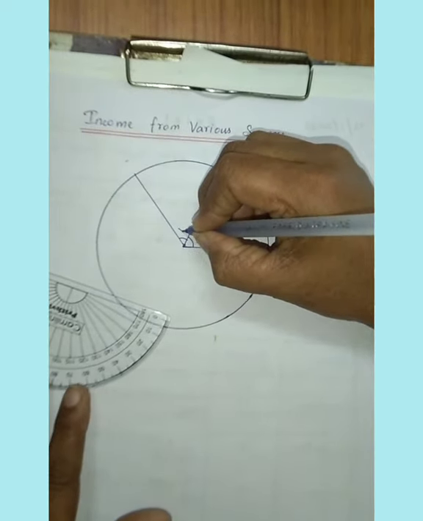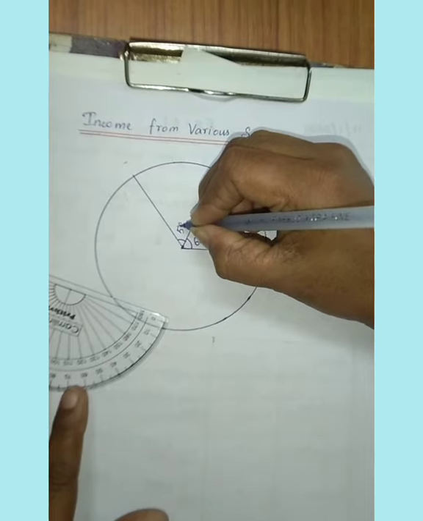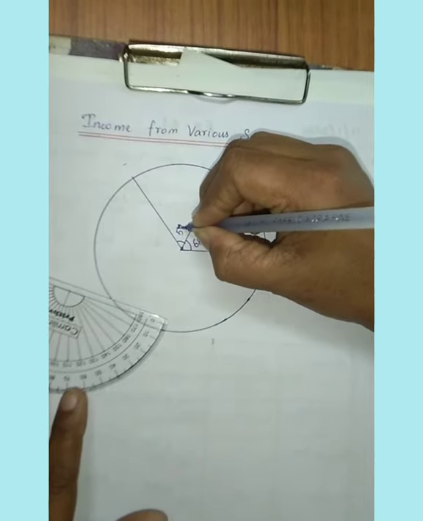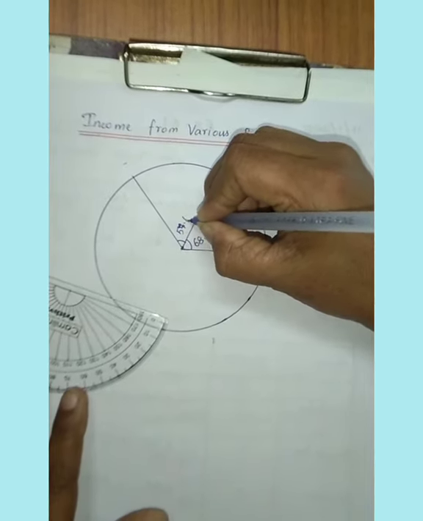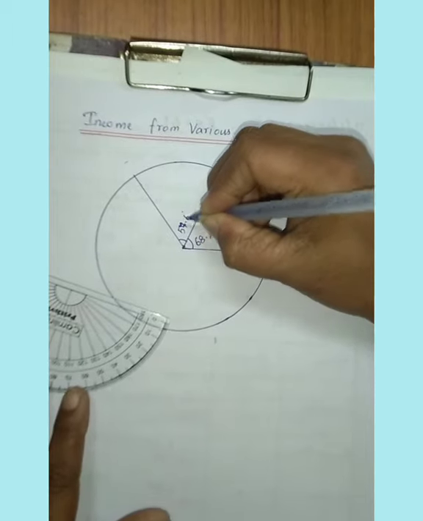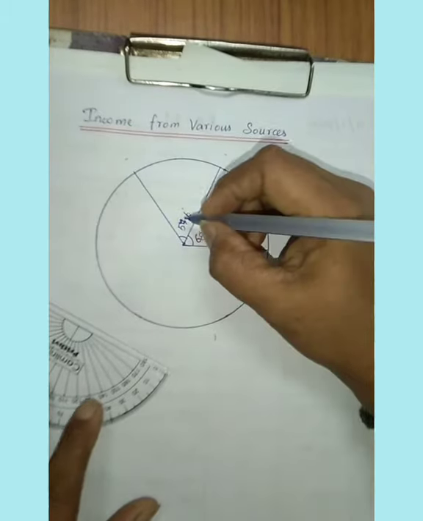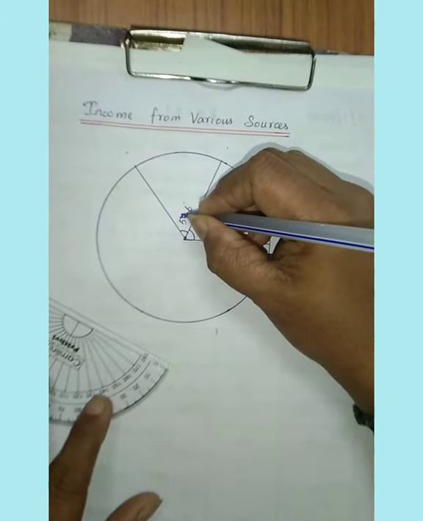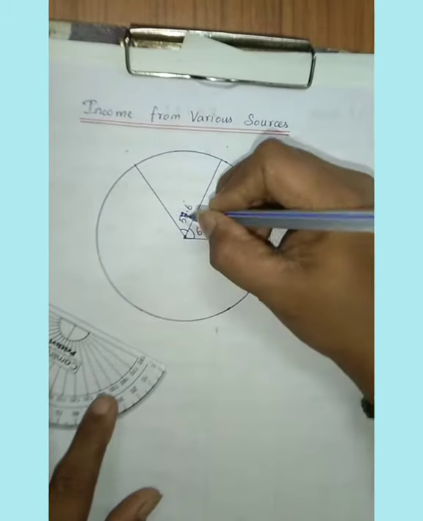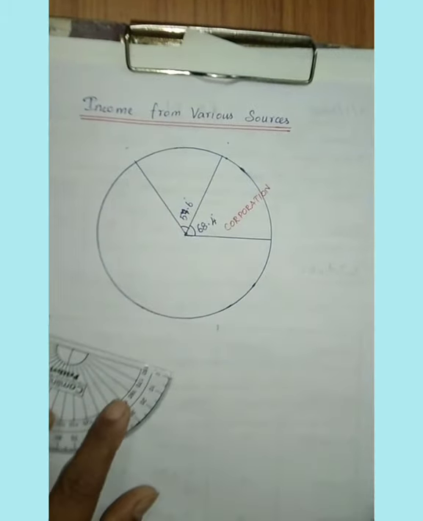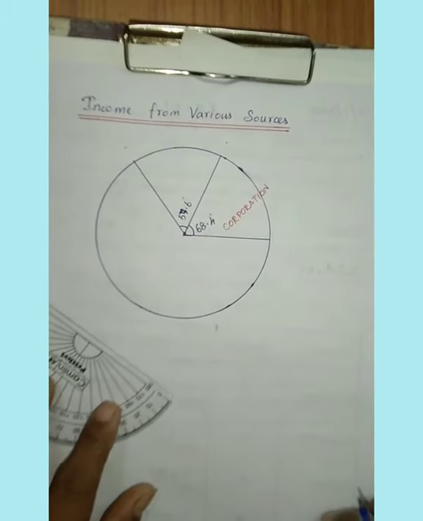You can mark the angle as 57.6 degree. But we have taken 58 degree. Inside the circle, whatever angle we have found, that same angle we have to write. So 57.6 degree. Then the third angle is 32.4.